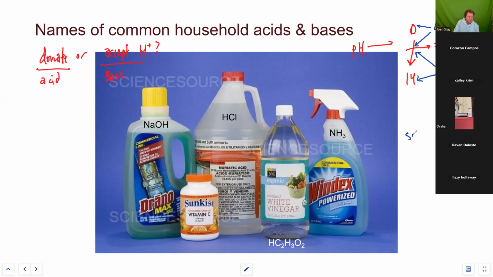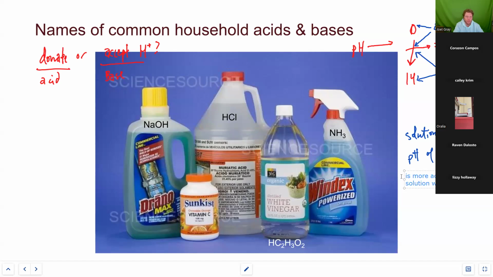So a solution with a pH of 3, we can describe that solution a couple of different ways. I'm going to add some text boxes here so I can type it in. A solution with a pH of 3 is more acidic than a solution with a pH of 9.